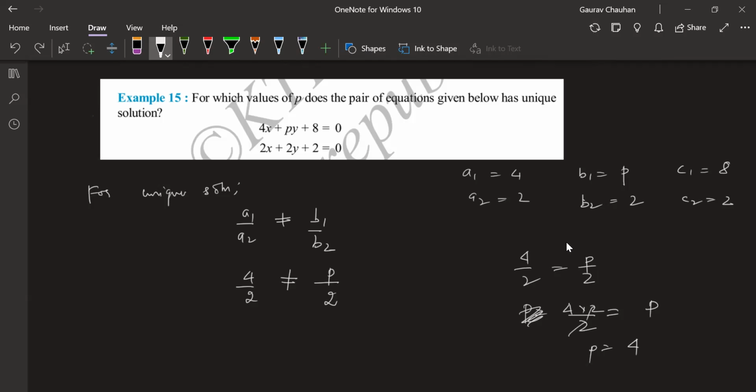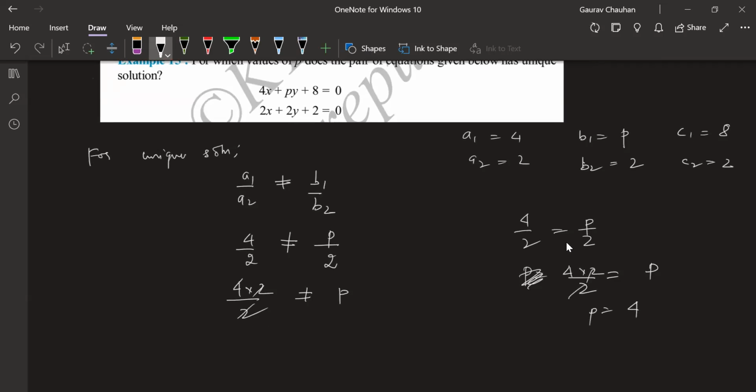Got it? So basically we'll do the same solution as it is. How we did here, we'll do it like that only. So 4 into 2 by 2, just write not equal to P. 2 cancel. So 4 is not equal to P, or what do you get? P is not equal to 4.